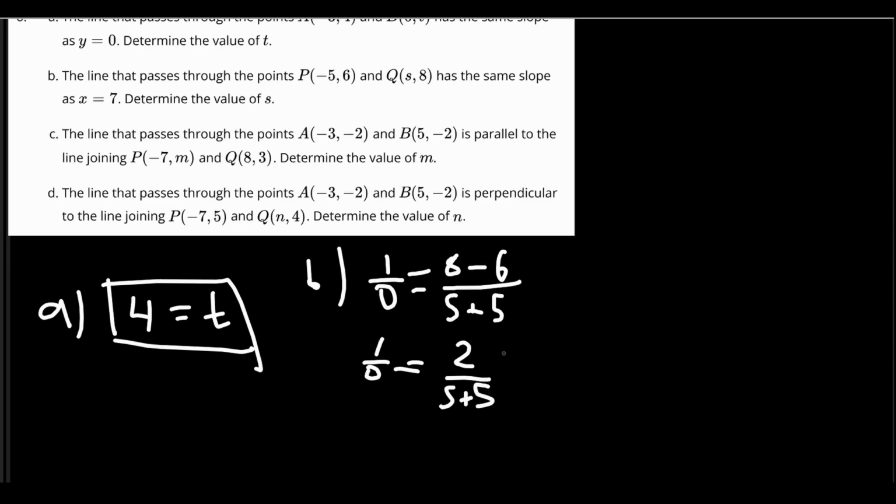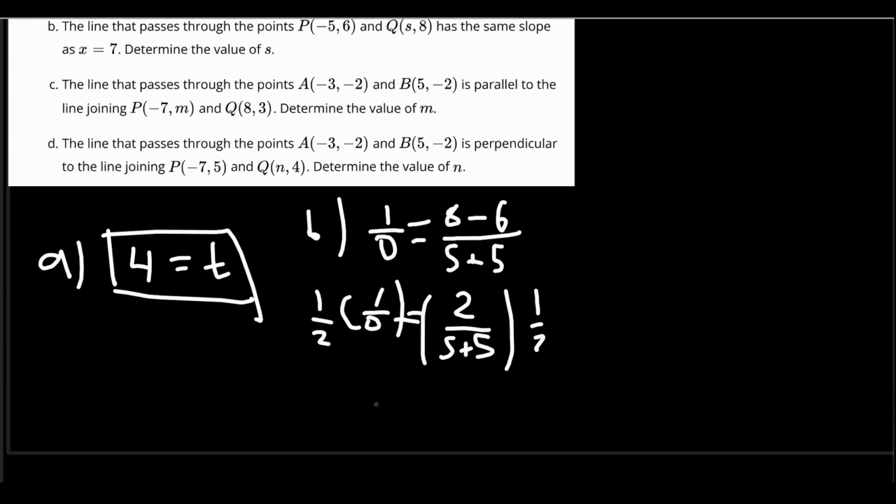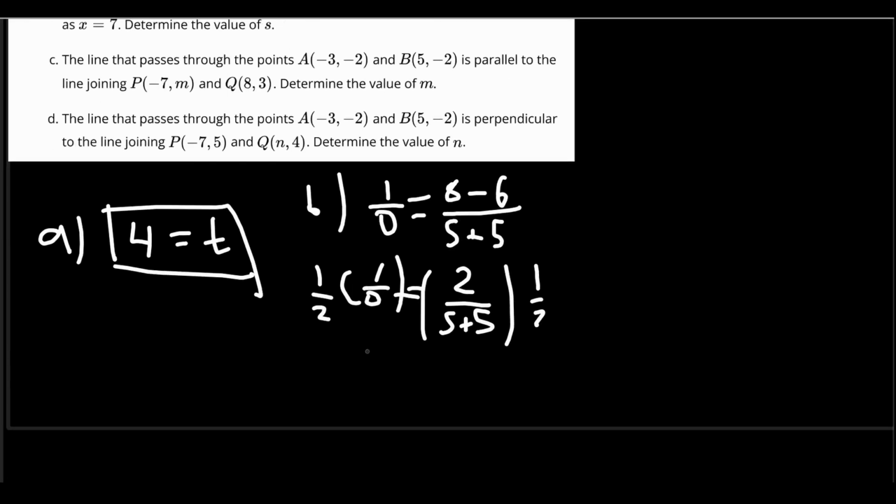We can just multiply both sides by a half, because multiplying fractions goes top and bottom.